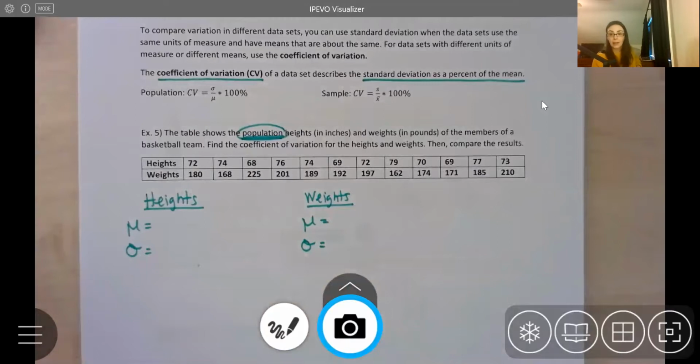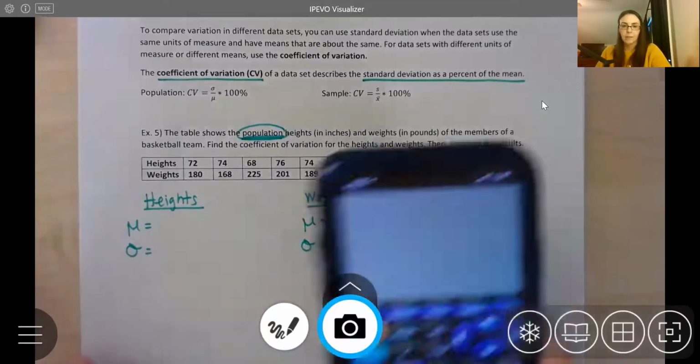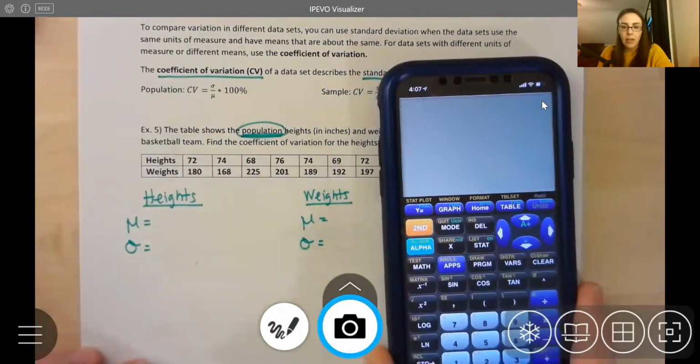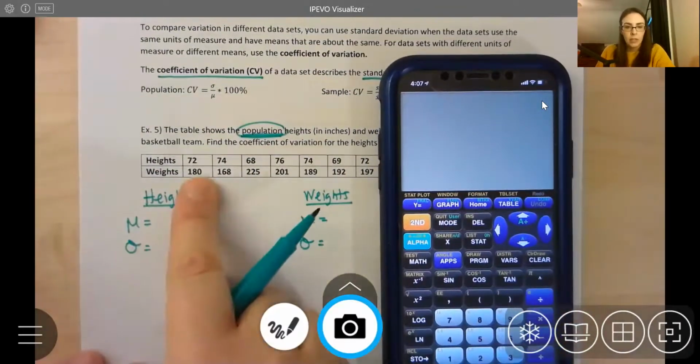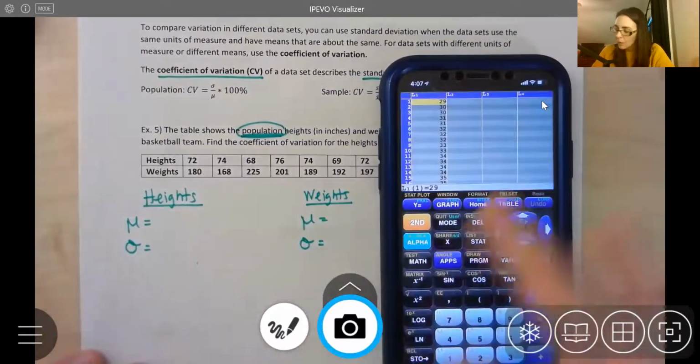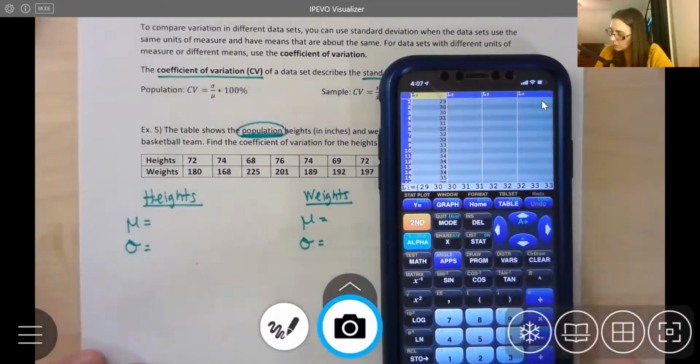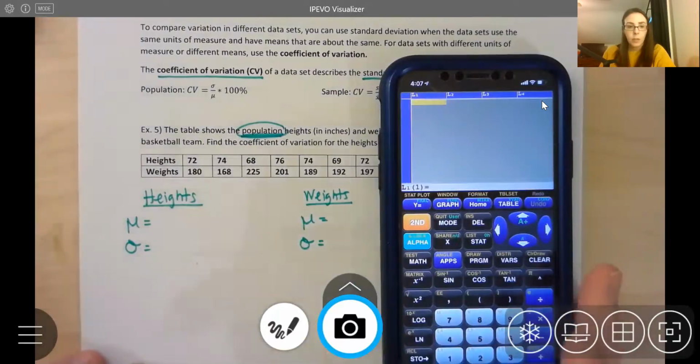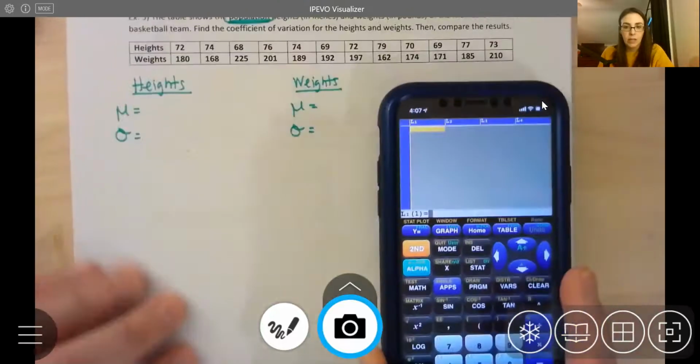So I'm going to get out my calculator here because I do not want to do this by hand anymore. I just have my calculator app, which I love, and I'm going to do the heights first. I'm going to press stat, press edit, and enter my data.